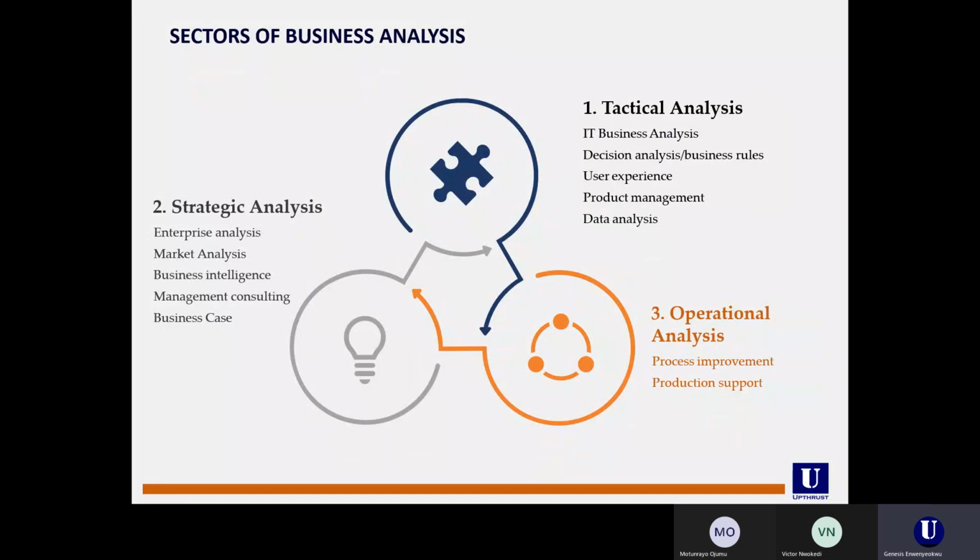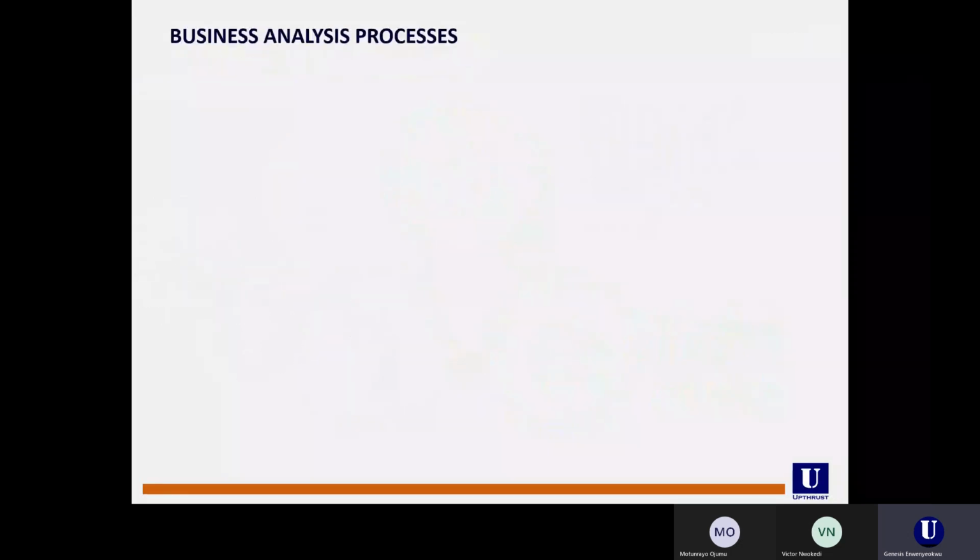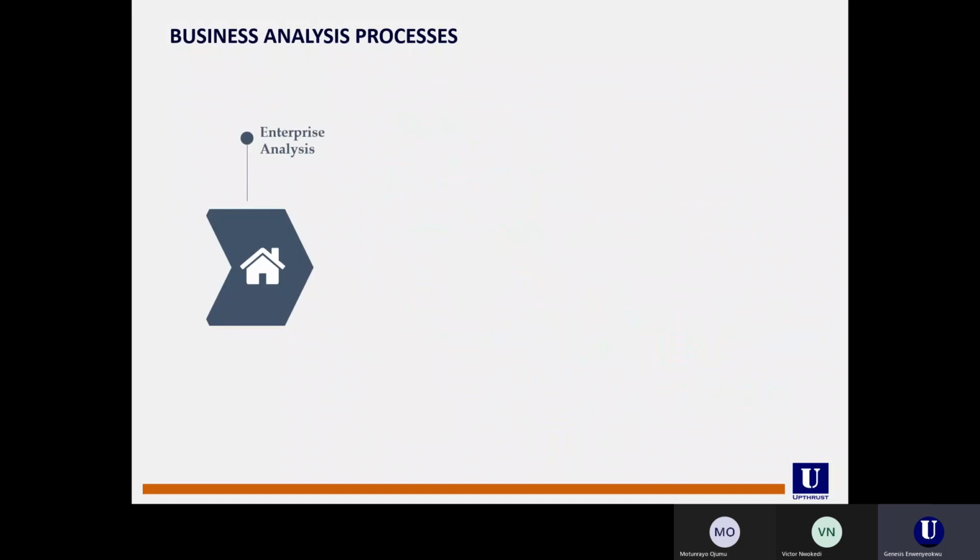And then we have the processes. For majorly all your business analysis activities, what are the common processes we follow as business analysts in delivering our projects? The first thing is enterprise analysis.